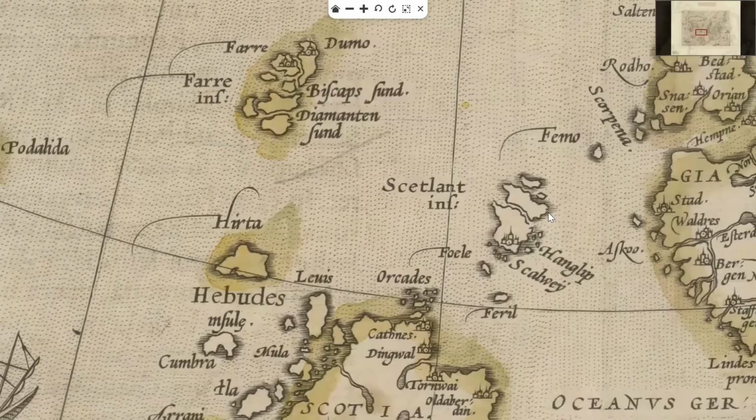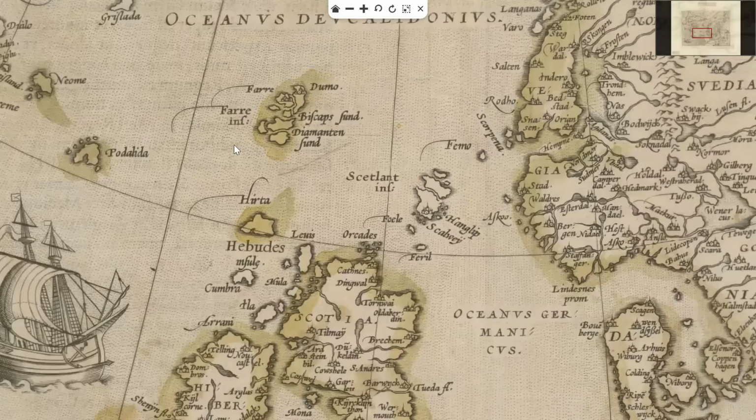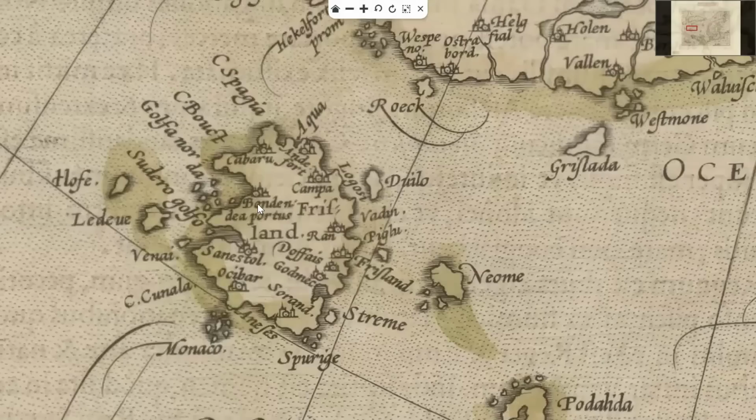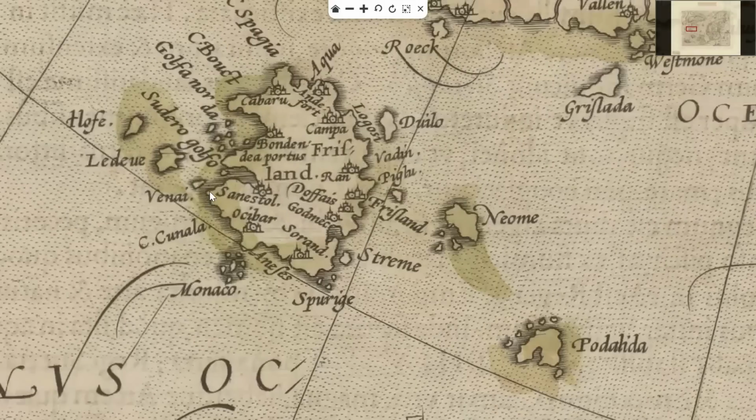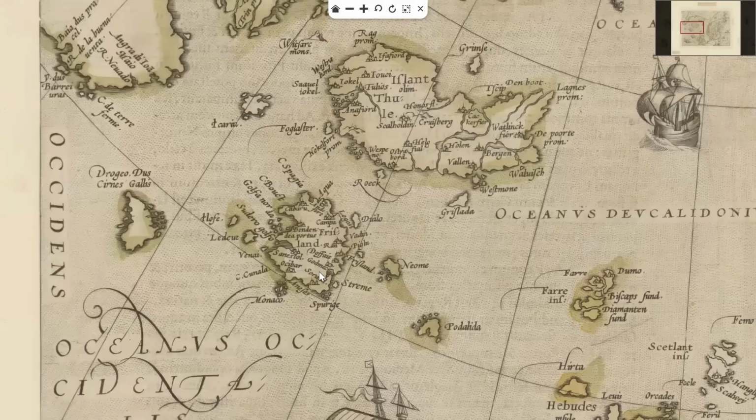Now here we have Shetland Islands. These are the Faroe Islands. And if we go over here, we have Frisland, okay, with all the towns on it. And we've got Sanastol here, Okibar, like we did on the map, Frisland here. Okay, so an island not frozen.